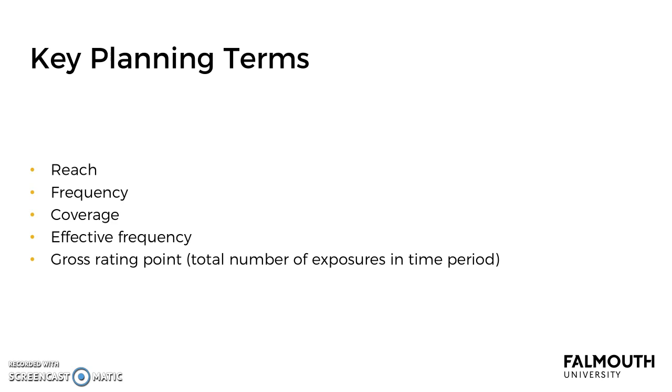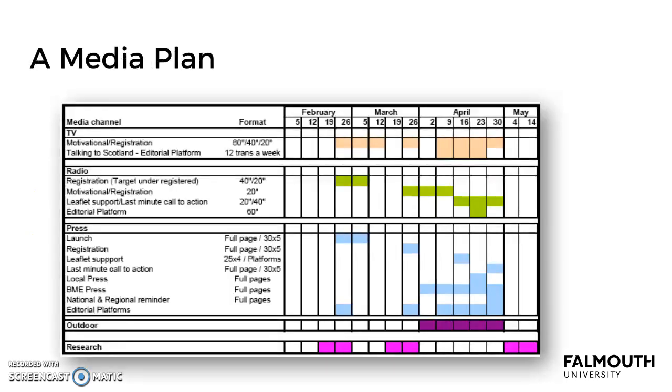And then the gross ratings point is the total number of exposures in a time period. So that's used by media planners to compare the strength of various components of the plan. So, for example, if you advertise to 30% of the target audience and give them 4 exposures, you would have a GRP of 120, gross ratings point.